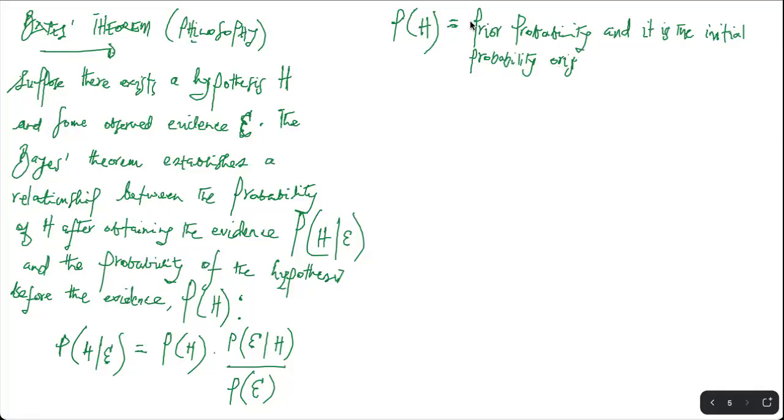So the probability of H is simply the prior probability, and it is the initial probability, right? Because I'm using initial and then original in the same sentence, which is a bit tautological, but just to re-emphasize the point.